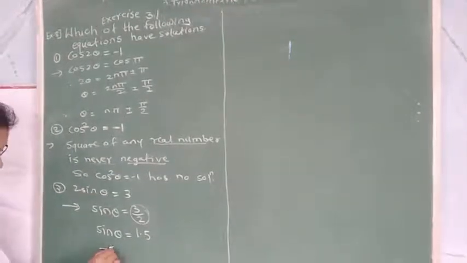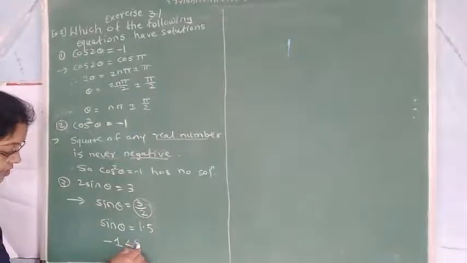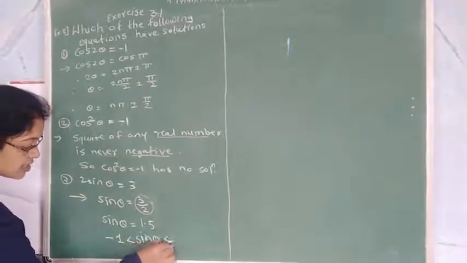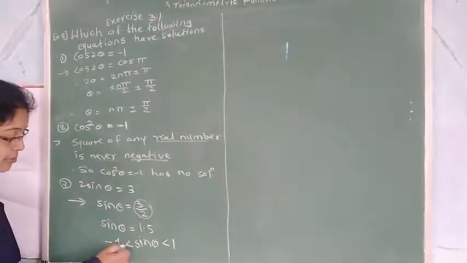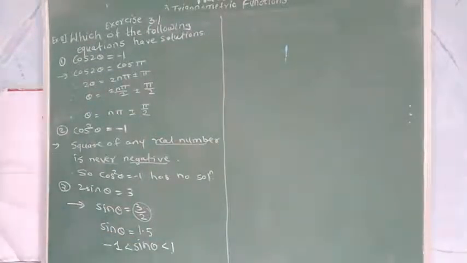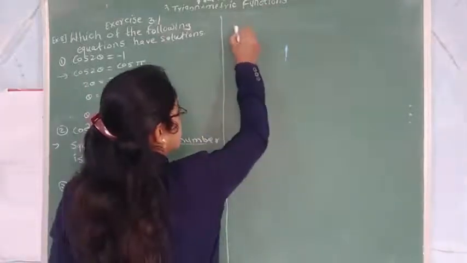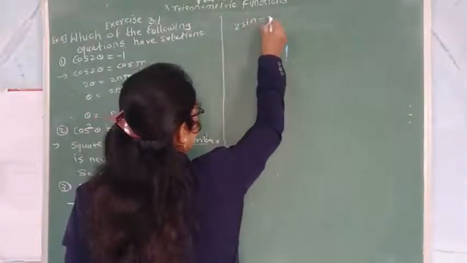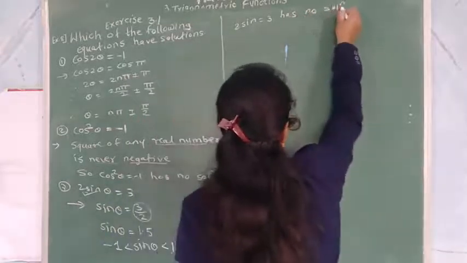But sin theta lies between minus 1 and 1, that is, minus 1 is less than or equal to sin theta, which is less than or equal to 1. Here sin theta is greater than 1. So this equation has no solution. 2 sin theta is equal to 3 has no solution.